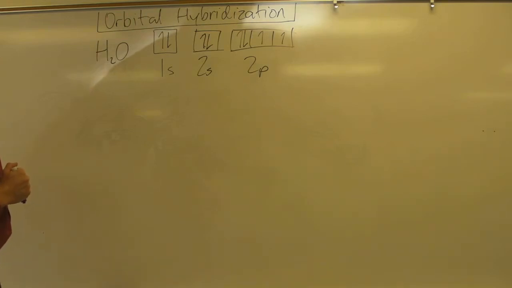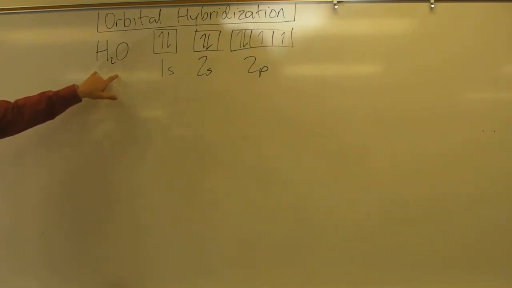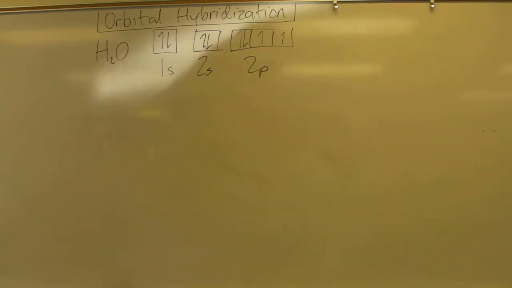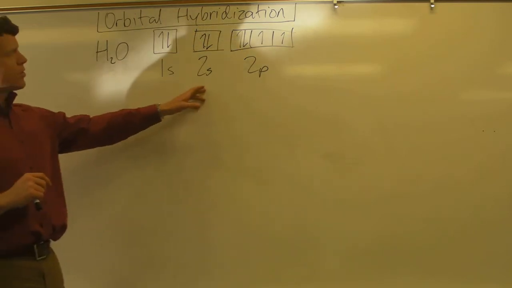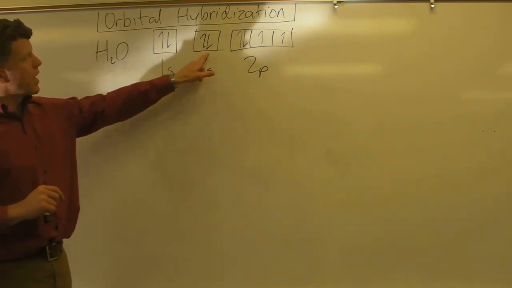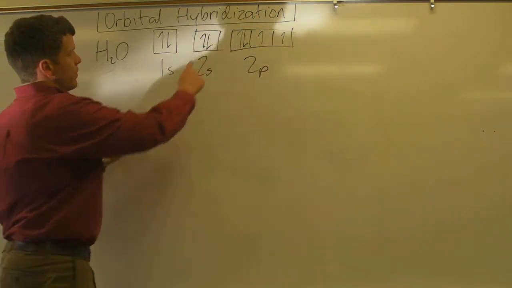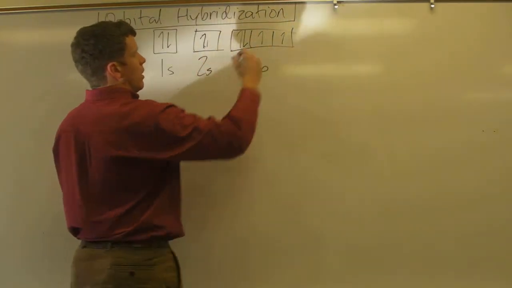Okay, so slightly different version here with H2O, but similar sort of process. You actually get the same promotion of an electron from the 2s up to the 2p. So that happens first.